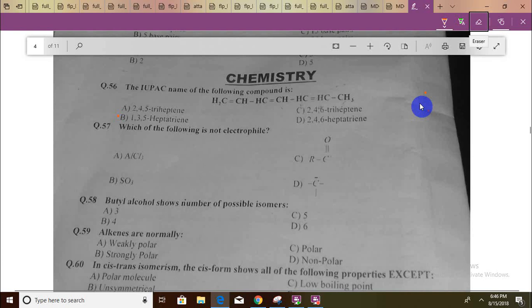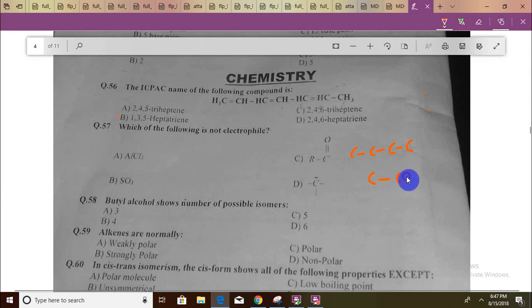So butyl alcohol shows number of possible isomers. Butyl alcohol is basically a 4-carbon alcohol. So for a straight chain we can have a primary and we can have a secondary.